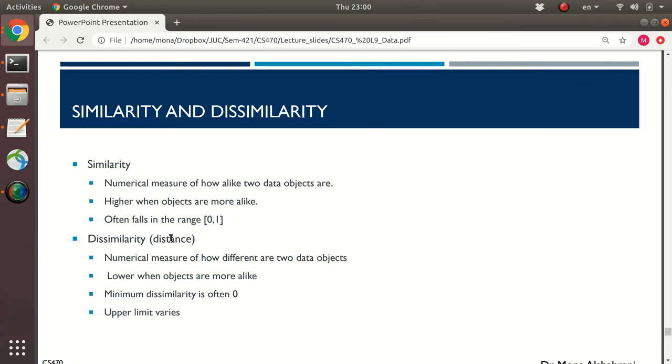The dissimilarity represents the distance, a numerical value of how different two data objects are. Lower when objects are more alike, so the distance between two data objects is 0 when the two objects are alike, so it's the opposite of similarity. Similarity between identical objects is 1. Distance between identical objects is 0.